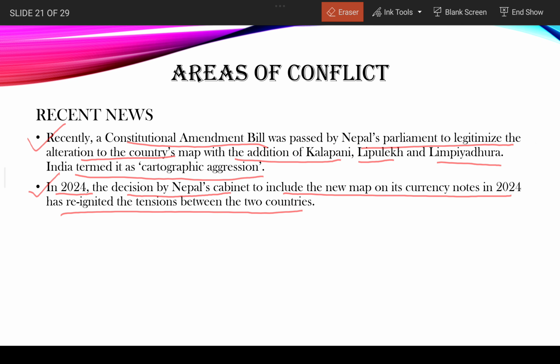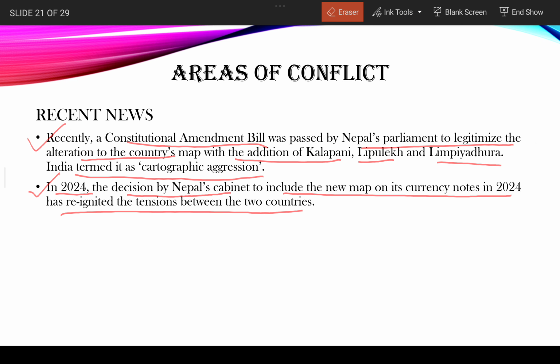Now, the next question comes, why is Nepal interested in China? See, the reason for Nepal's interest in China is China's deep pockets. Deep pockets is related to money matters. China has a lot of money and Nepal needs investment.